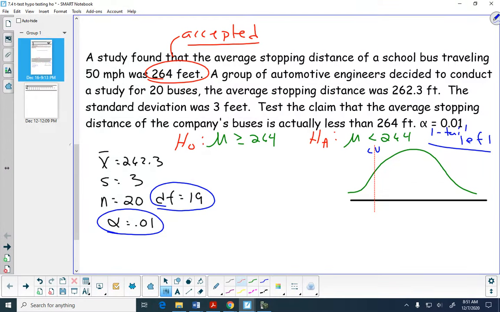So we have a degree of freedom of 19, alpha value 0.01, and a one-tail test. Emily, what is your critical value? 2.539.